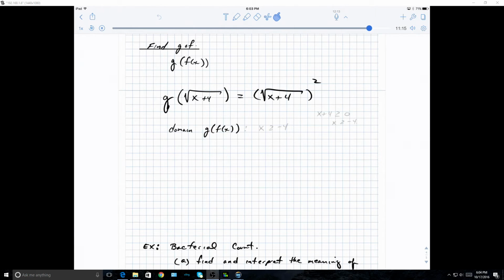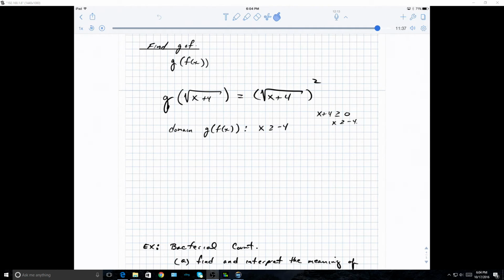So in order for this to occur, we know that the domain has to be that x has got to be greater than or equal to -4, because of the radicand. We can see that again, x plus 4 is greater than or equal to 0, or x is greater than or equal to -4.